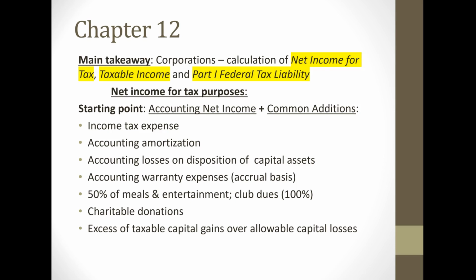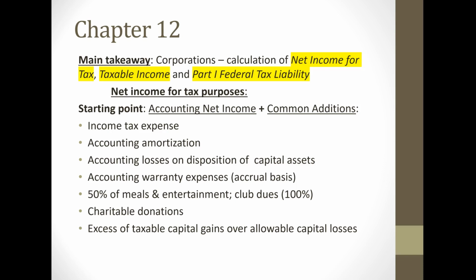What this means is that we have to adjust for the accounting losses and accounting gains. Those are the 100% amounts on the disposition of capital assets. But what we do need to do for tax purposes is take the taxable capital gains, the 50% amount, subtract the allowable capital losses, the 50% amount, and any excess we add back for tax purposes.